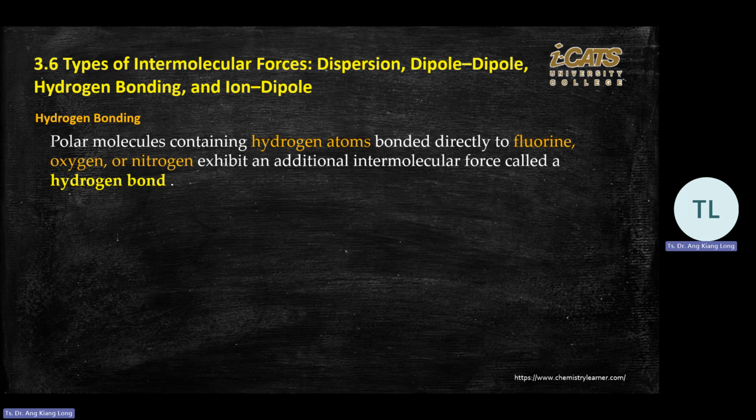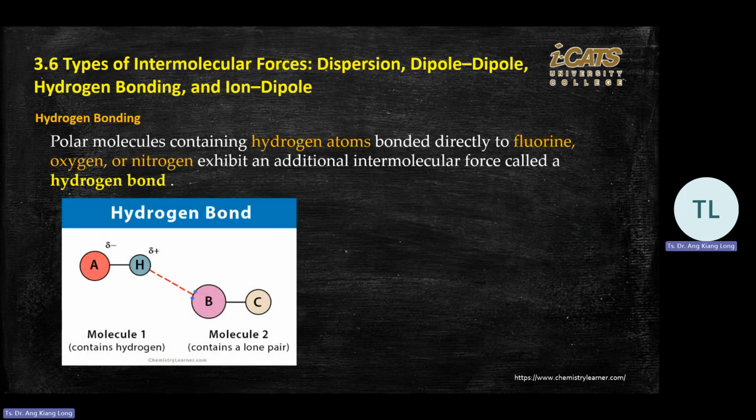Then it's under dipole. Look at the shape. If the shape is irregular or non-linear, then it has a polar, or it has a dipole force. So for hydrogen bond, again, check whether got hydrogen. Then second step, check whether got oxygen, fluorine, or nitrogen. Something like this.